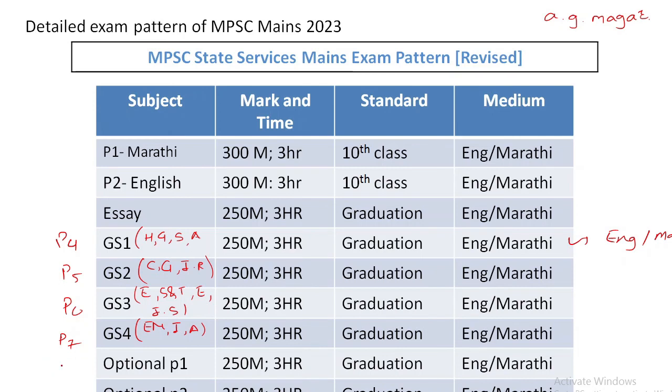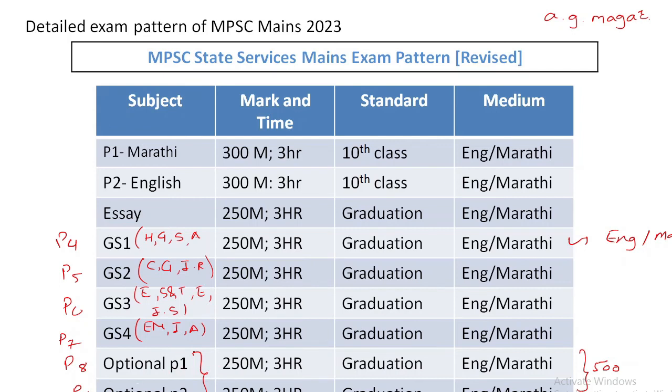Now your paper 8 and paper 9. You have two papers of optional, optional paper 1 and optional paper 2. Your whole optional is 500 marks. Now you see here only the pattern. In the next lecture, I am going to discuss the advantages and disadvantages of each and every optional and how to choose an optional.